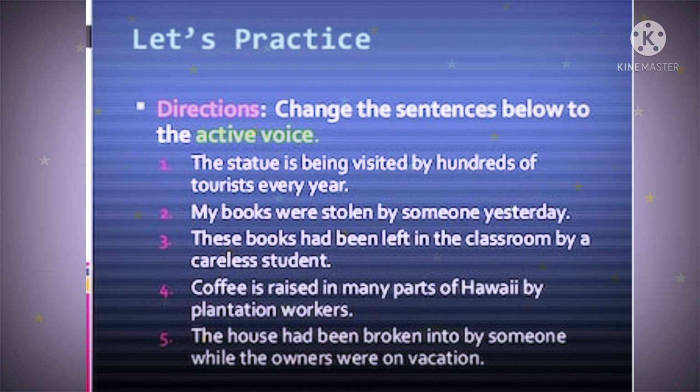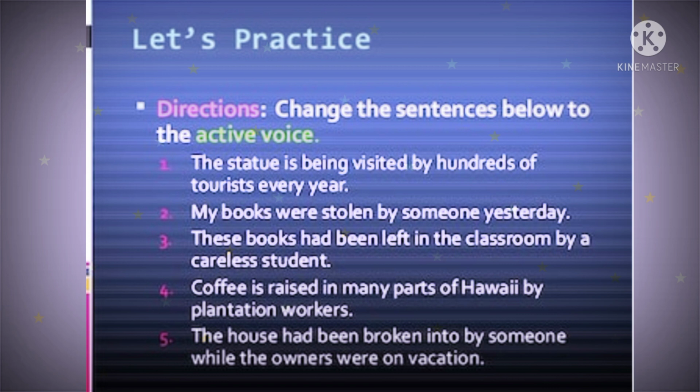What we must identify, statue must be the object. Is being visited. So what must be the tense used there? Being is there, so the ing form, continuous form, is there. Is, that is present tense. That is why is is used. So present continuous tense is used here.